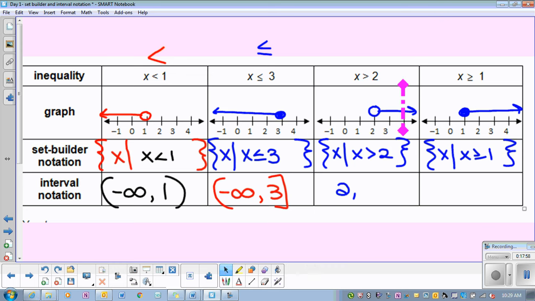Where's that headed? Infinity, thank you. So again, infinity, parentheses. How about that open circle on the 2? Is that parentheses or is it bracket? Parentheses. Abner, do you agree?